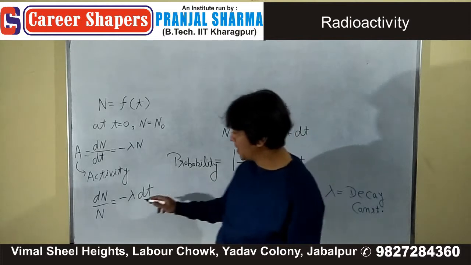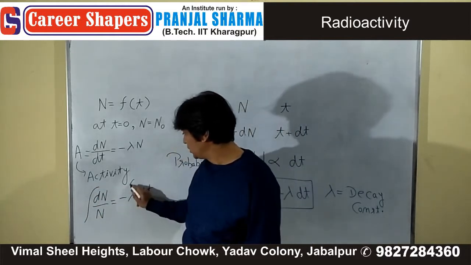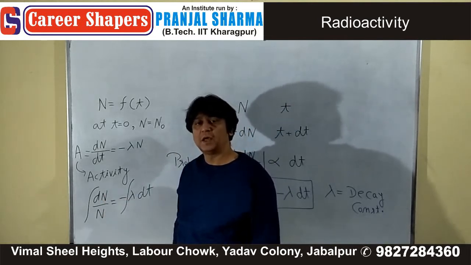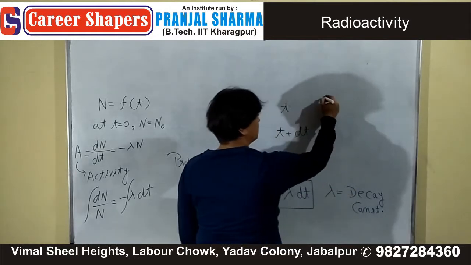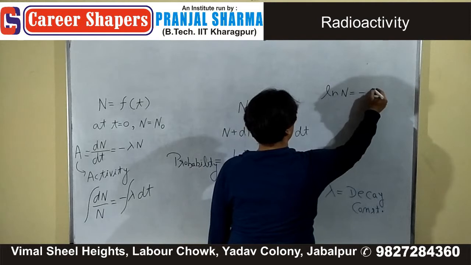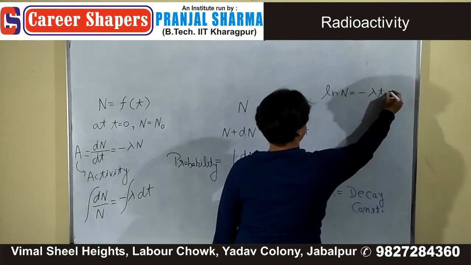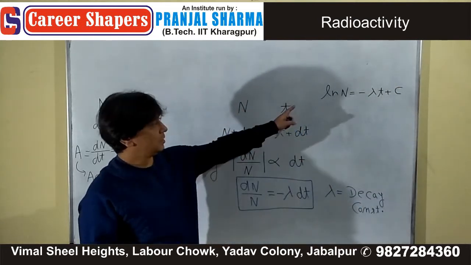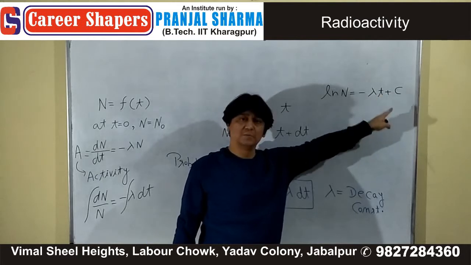When you integrate, the integration of dx upon x is log x, so it becomes log of N equals minus lambda times the integration of dt, which is t, plus a constant of integration: ln N equals minus lambda t plus c.